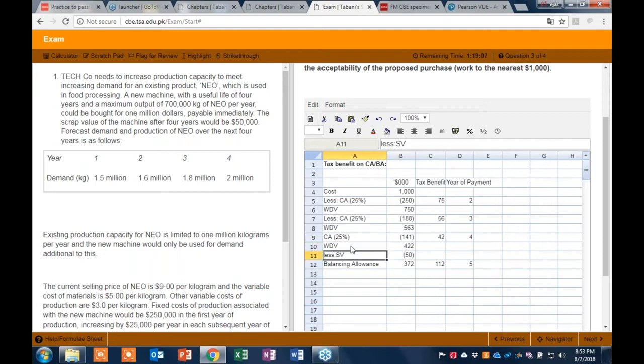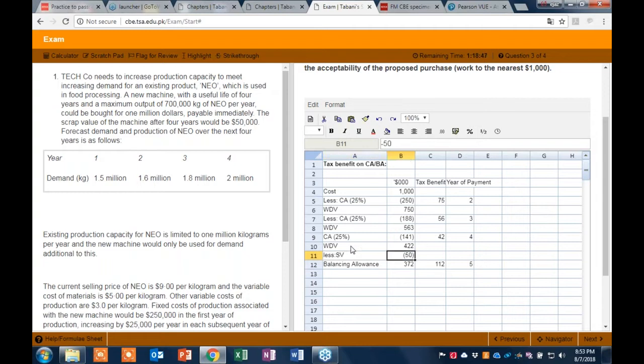for example, in this case, if the scrap value was, let's say, $500, the WDV is 422, and the scrap value is more than the WDV, in that case there wouldn't have been any balancing allowance. In that case, there would have been a balancing charge.